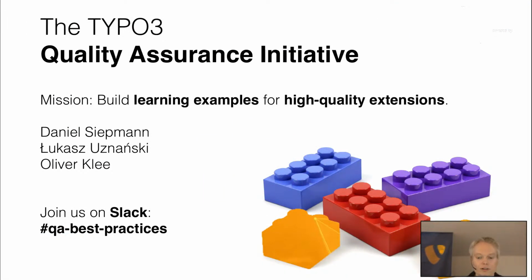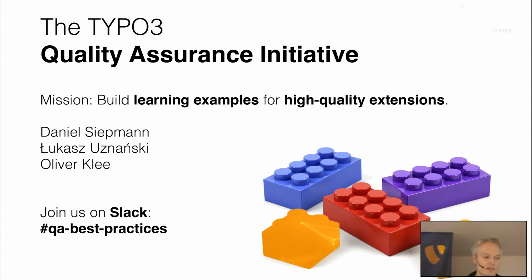This talk is a result of our work at the so-called TYPO3 Quality Assurance Initiative. In this initiative, we have the mission of researching how to build a good best practice TYPO3 extension, and we're also building an example extension, implementing the principles and findings which we've encountered during our research.